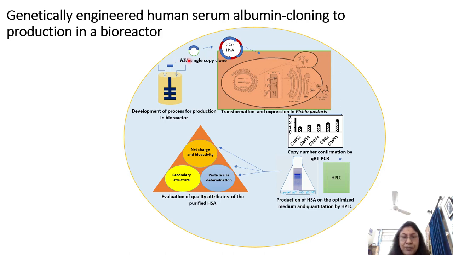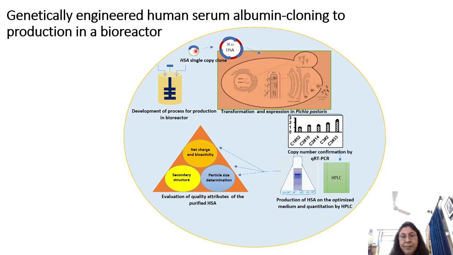This is a part of the activity which is also being carried out in my own laboratory. In this recombinant vector, there is a single copy of the gene coding for human serum albumin, and this construct is now electroporated into a yeast system called Pichia pastoris.